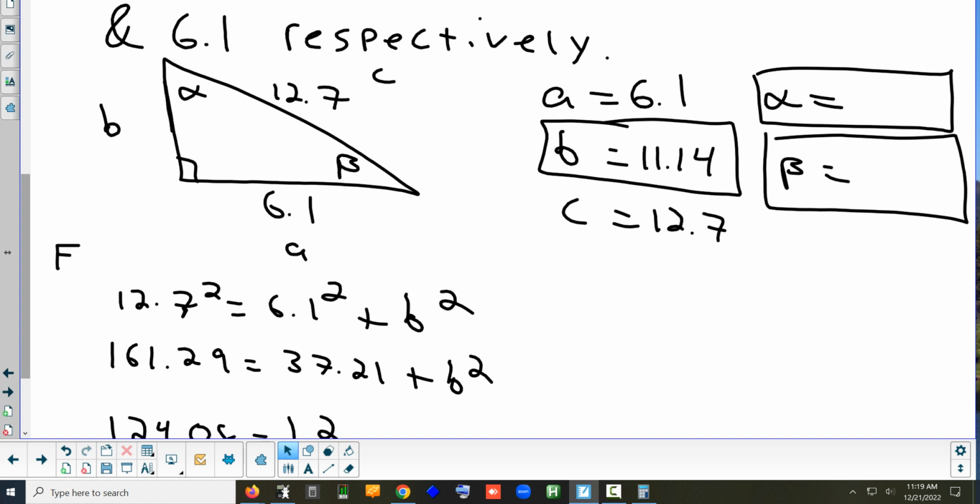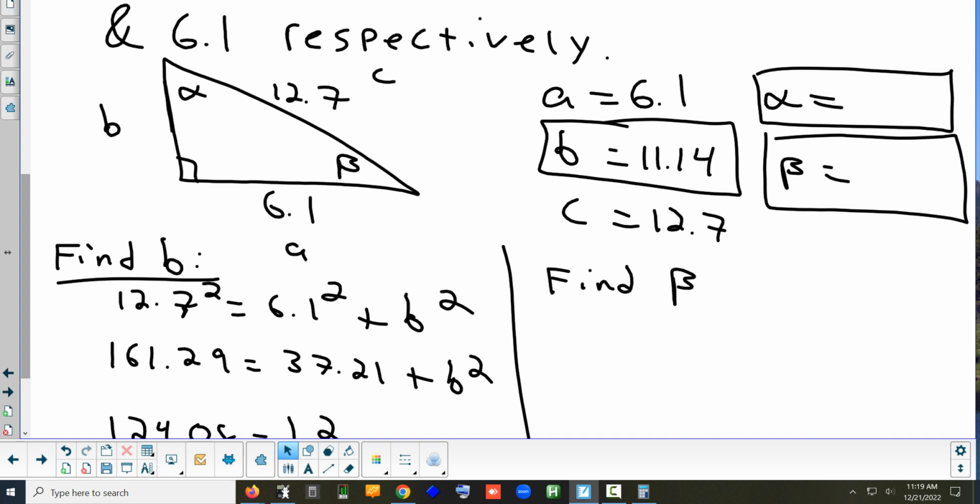So this was to find B. And now let's find beta. It doesn't matter whether you do alpha or beta first. It's going to be the exact same amount of work.